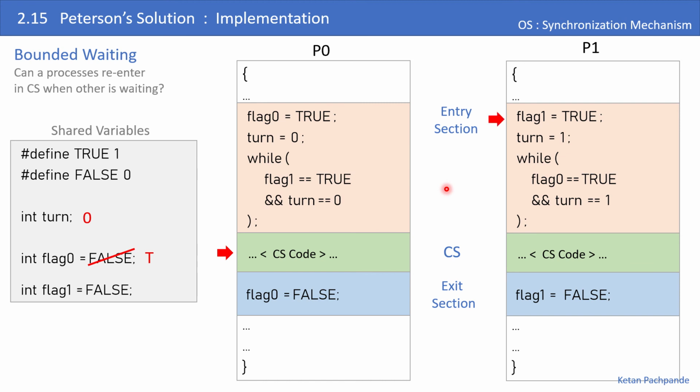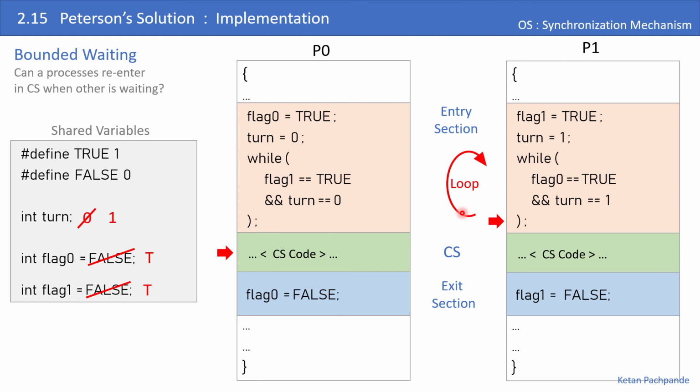So let me bring the process P1, flag 1 is equal to true. So here the flag value changed to true. Turn is set to 1. Let's go ahead. And we know that once P0 is in the critical section, it is going to loop. So here is the loop condition.